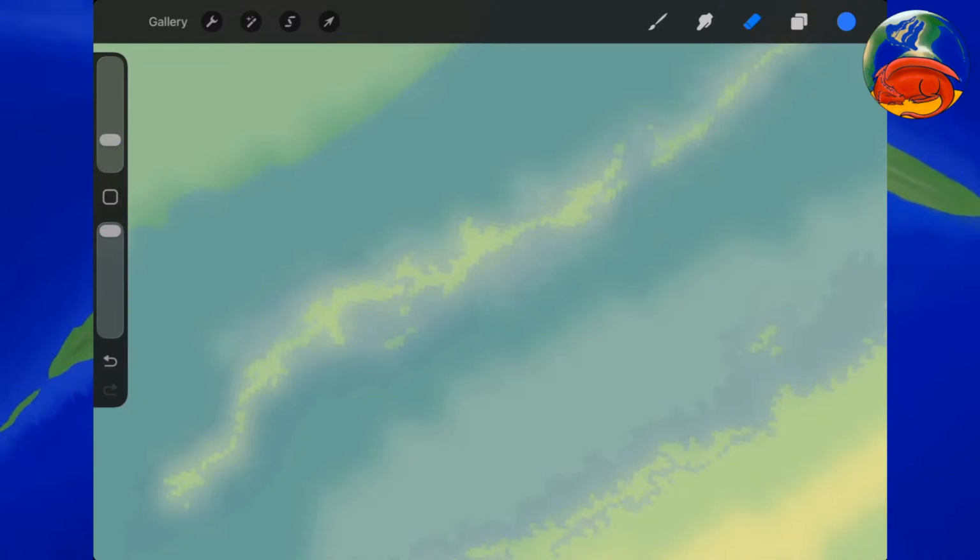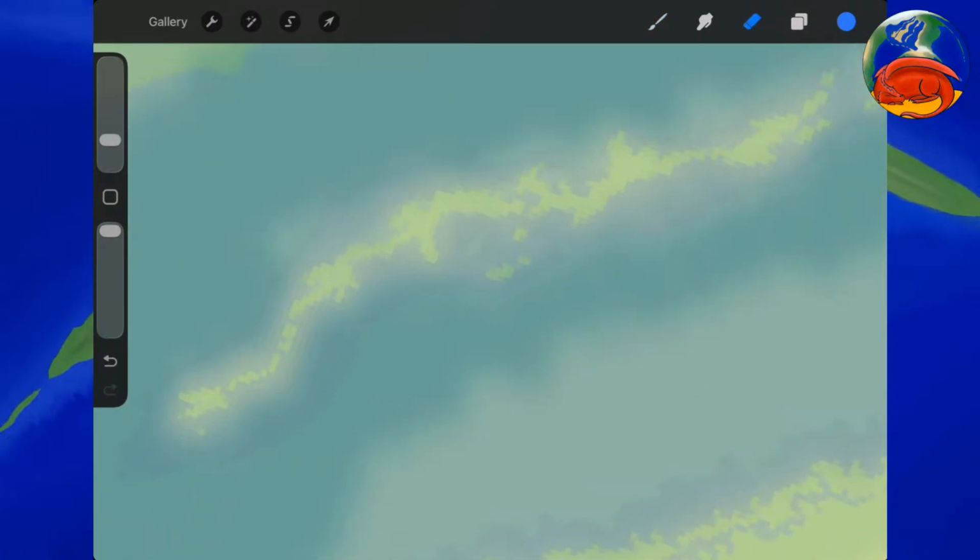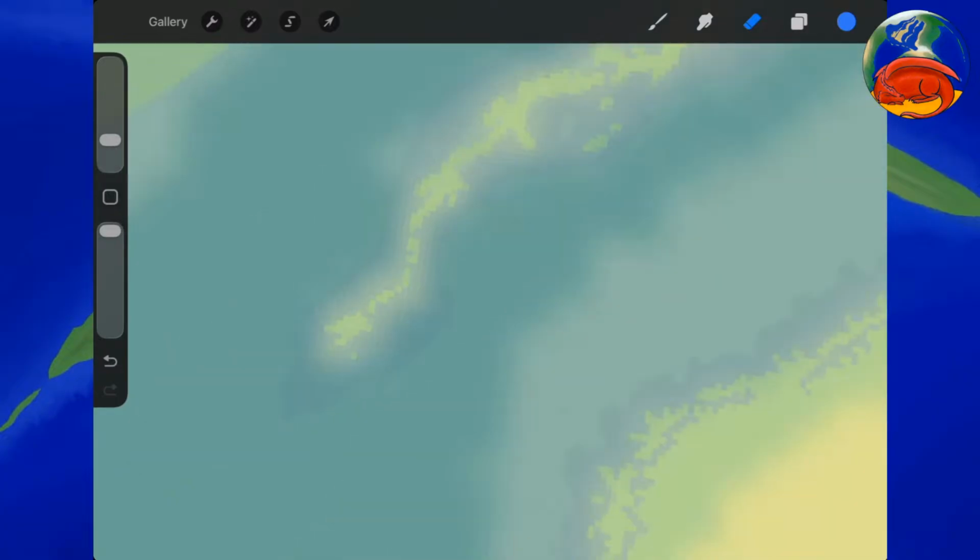All right, so again with the slope here, I'm going closer on the lee side, where the precipitation has already passed. Meanwhile, on the foreslope, the windward side, I'm having it come out a bit further.